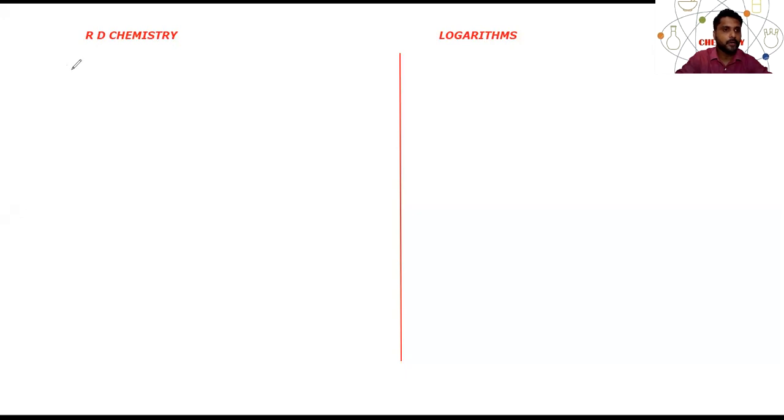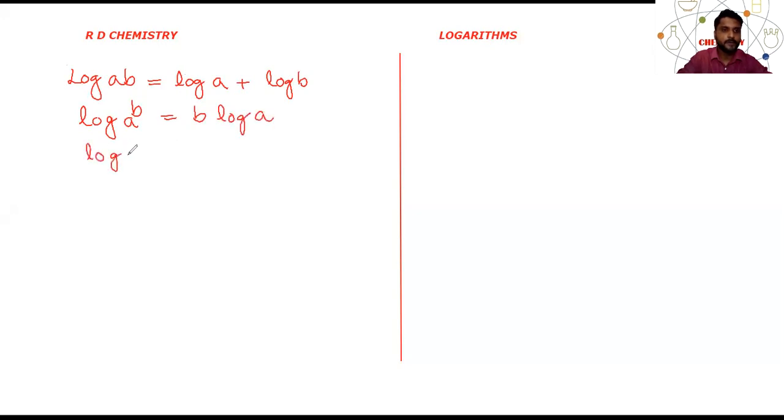We have log(A×B) is equal to log A plus log B. Log A to the power B is equal to B log A. Log(A/B) is equal to log A minus log B.